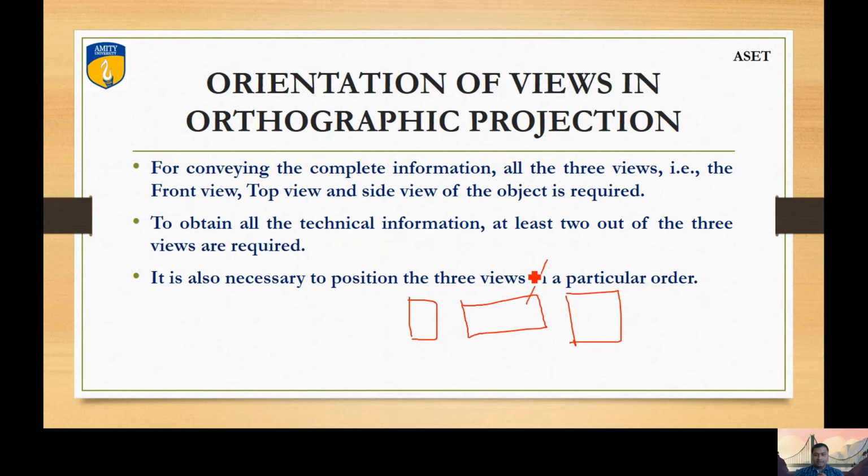This is not the technique or method to represent the orthographic on a sheet of paper. There are some methods, some techniques, by means of which you have to make the proper order, or the proper sequence, how the three views are going to be located, right?